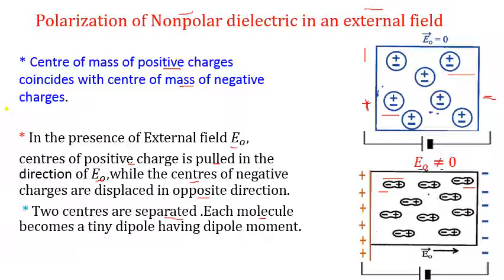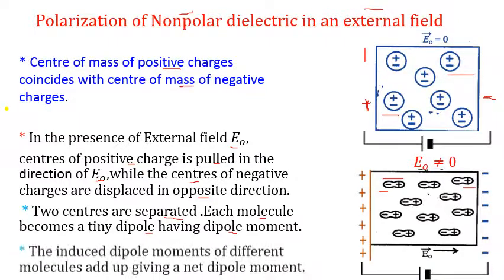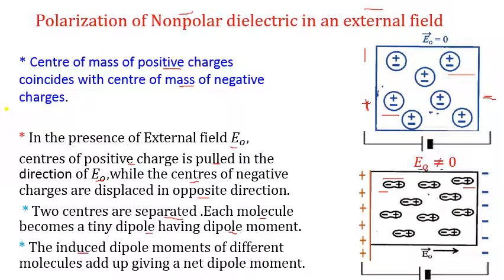Each molecule becomes a tiny dipole having a dipole moment, and finally the induced dipole moments of different molecules add up, giving a net dipole moment. Means by applying an external field, a net dipole moment is induced, or we can say it is polarized.